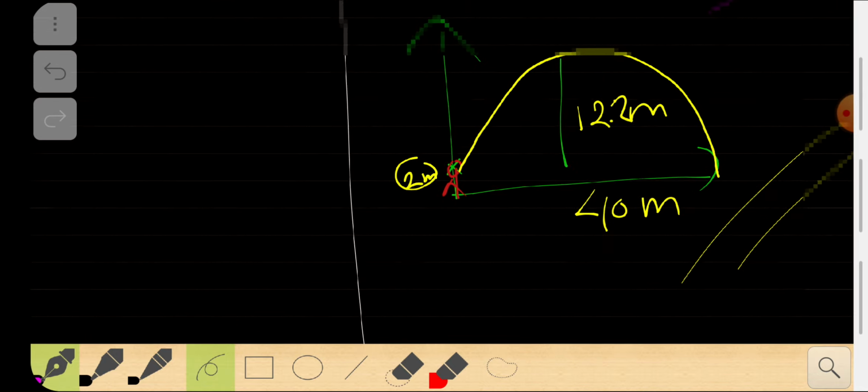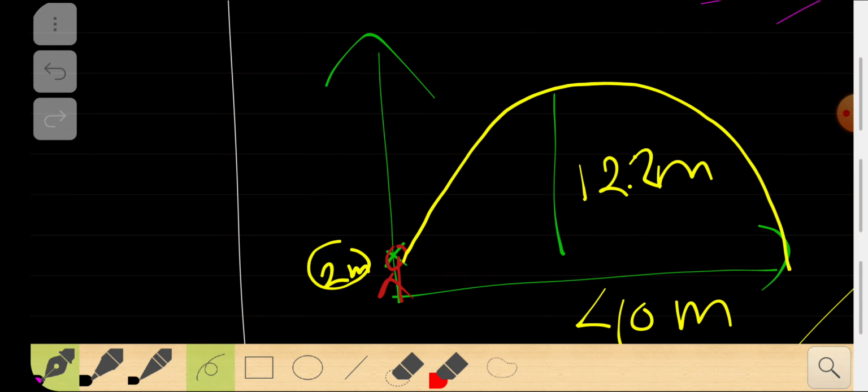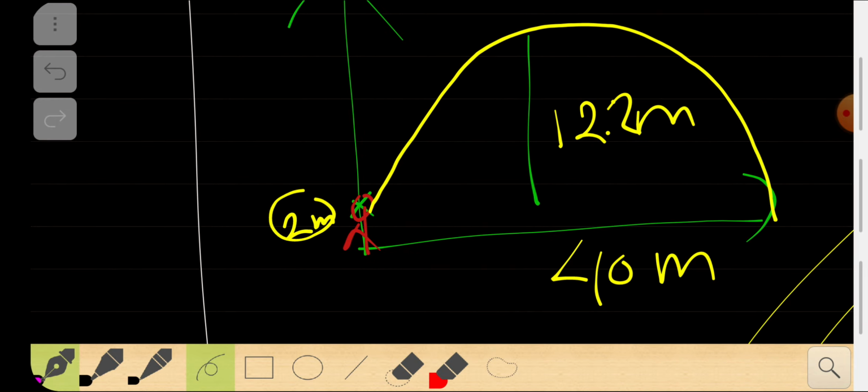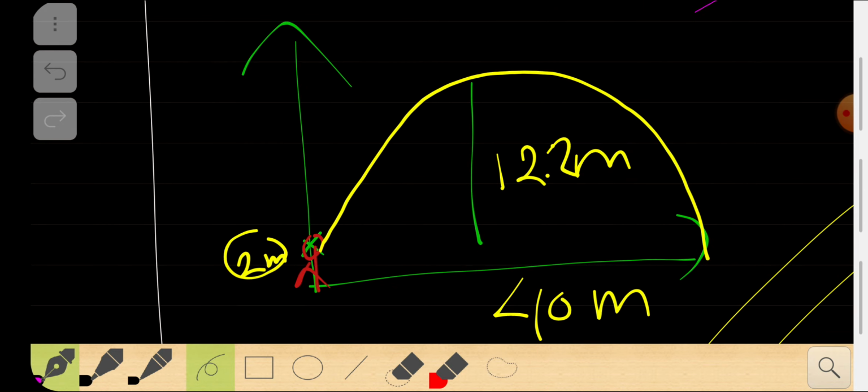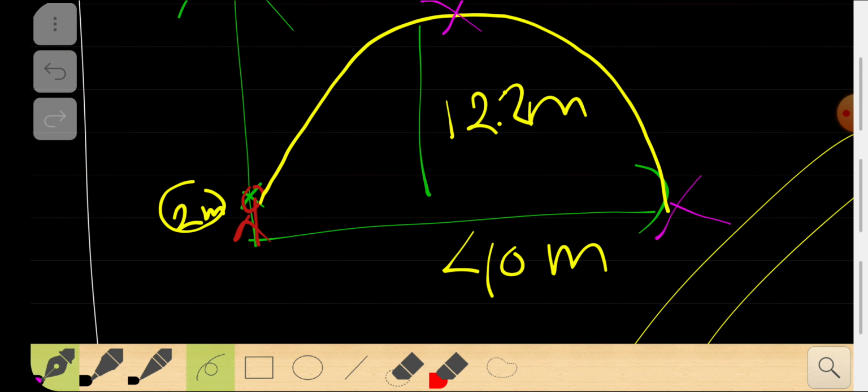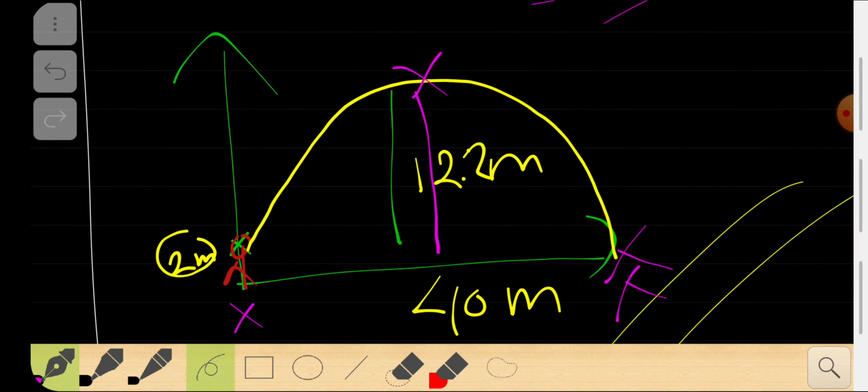So so far we have done the projectile, and we have found the equations regarding the range and the height. We have also found how much time will be taken for this thing to reach from here to here, and the time to reach the top.